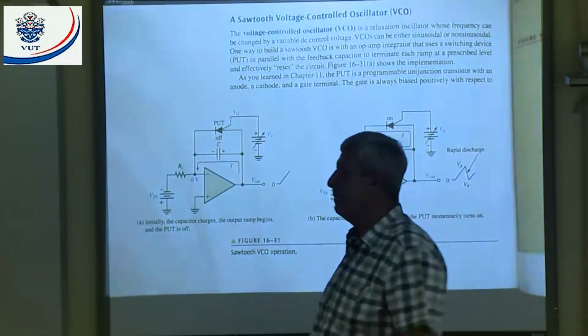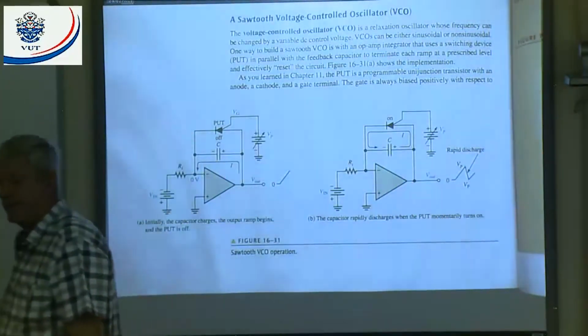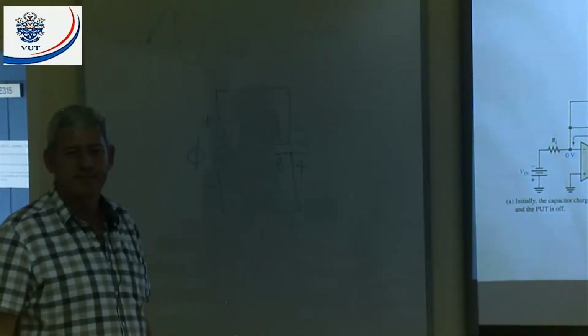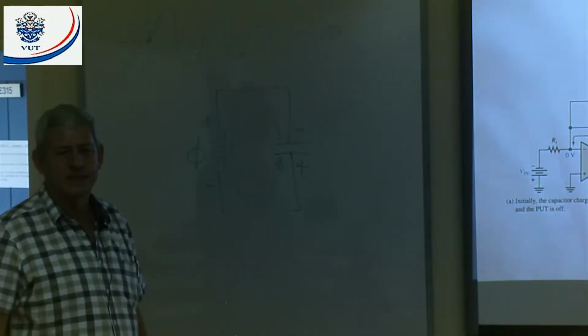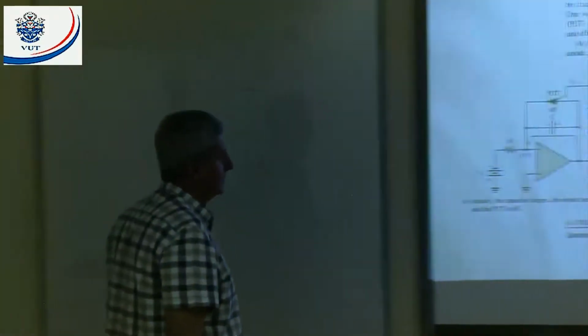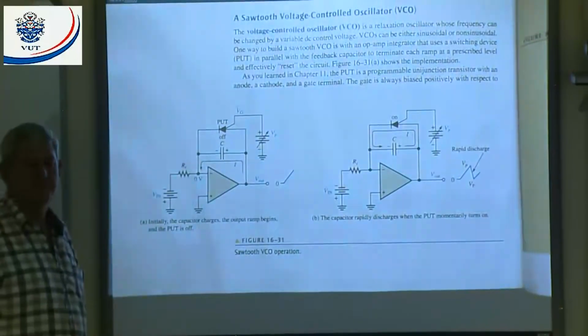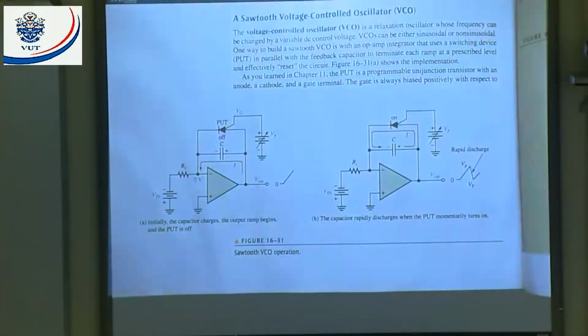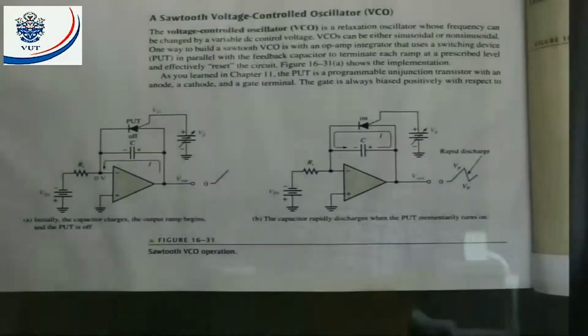All right, it's a programmable unijunction transistor. All right. How does the PUT operate? Do you know that? Is it the same as the diode? No, it is not the same as a diode. Let's go a little bit backwards to chapter 11.